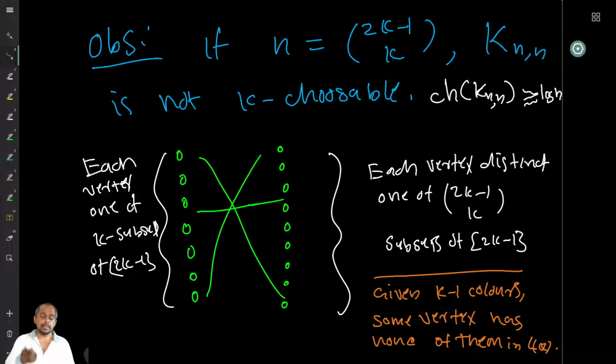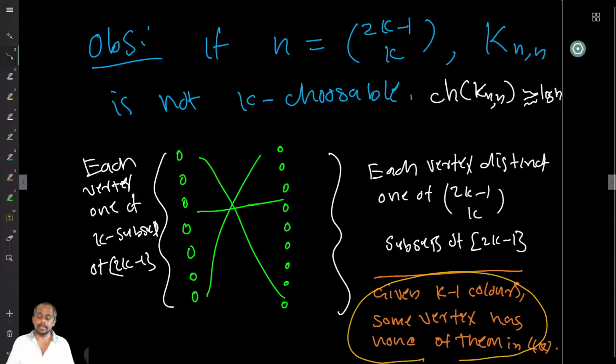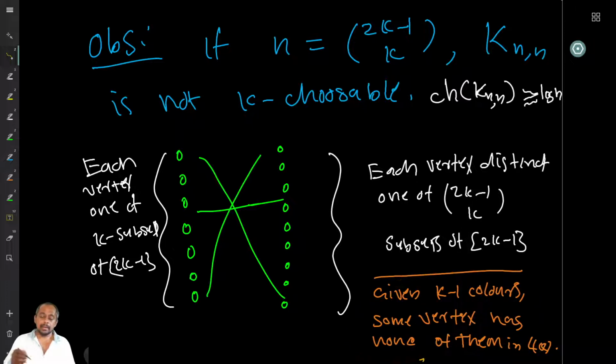Why? Because suppose I give you some coloring of this graph. Now if I give you any set of k minus 1 colors, some vertex has none of these k minus 1 colors in its list, because I am using all possible k-element subsets.